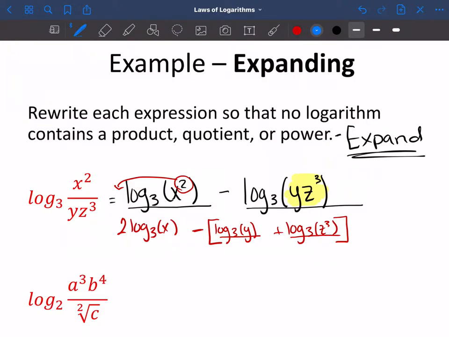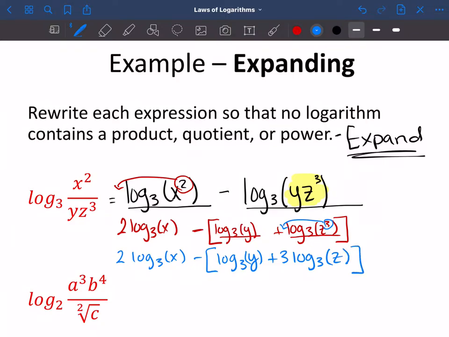All right, so we've got to take this power and bring it out front. So that's going to leave us with 2 log base 3 of x minus, we have log base 3 of y plus 3 log base 3 of z. And I say that we get rid of this example over here for now.